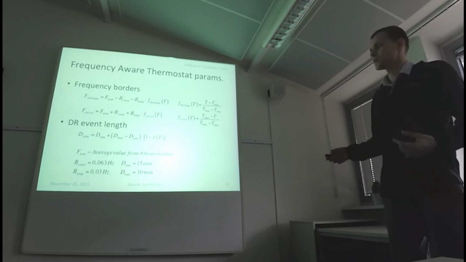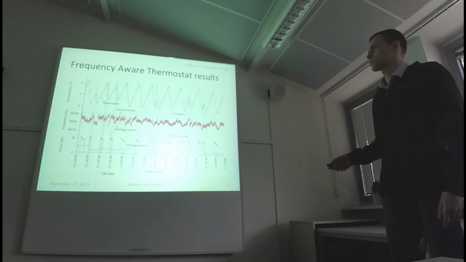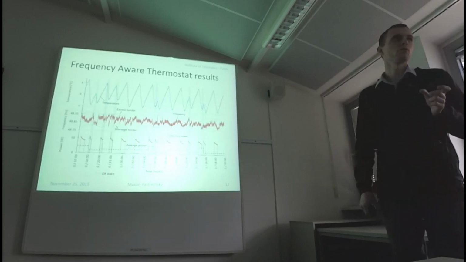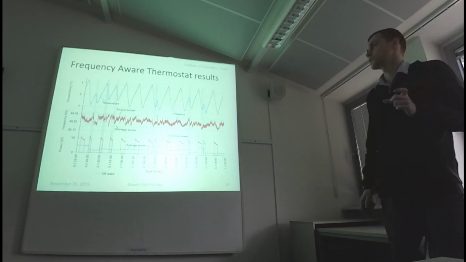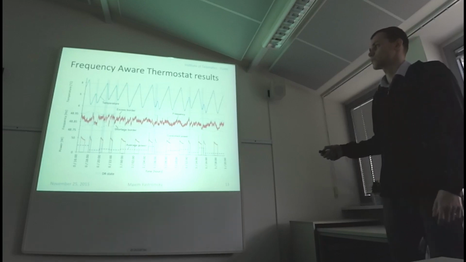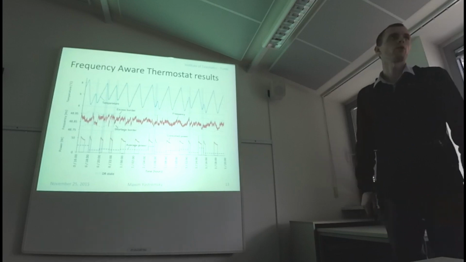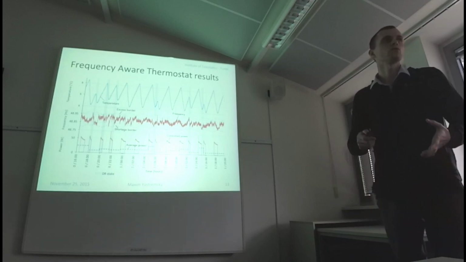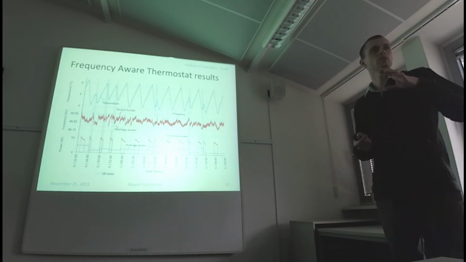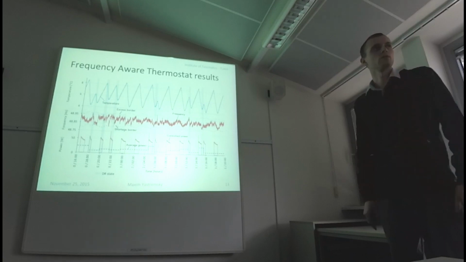So if we change these parameters, of course we can achieve more shifted power. But on the other hand, this amount won't be bigger than the whole cycle power amount. I mean, we cannot shift more than the fridge consumes during one cycle.